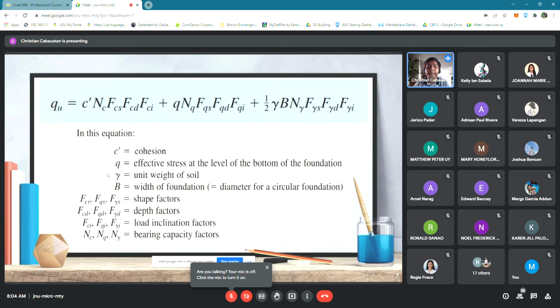Meron na naman si shape factors niya. Fcd, Fqd, and F gamma d are the depth factors. And for Fci, Fqi, and F gamma i, these are the load inclination factors. And again, Nc, Nq, and N gamma are the bearing capacity factors.